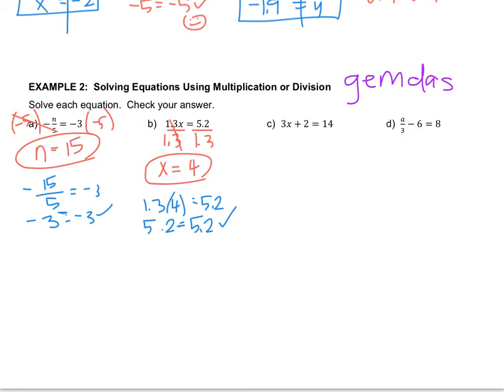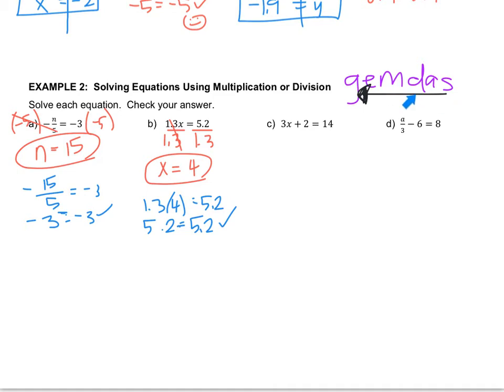So we know the order of operations is GEMDAS, but when you're solving equations, you want to go backwards in GEMDAS. So if I have multiplication and addition, when I go backwards, the first thing I'm going to get rid of is the addition, and then I will get rid of the multiplication.